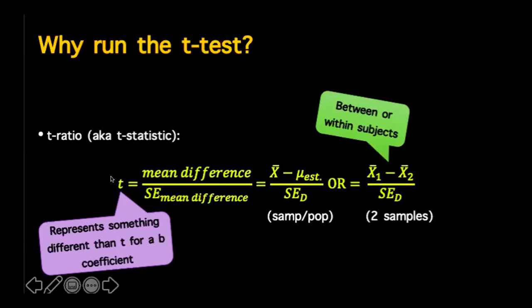So this week we're using t to look at mean differences, right? So I mentioned you're looking at a difference between a group, the mean of group A versus the mean of group B, right? So you're going to be given two means, whether that's from a sample and an estimated population mean, or if it's from two different samples, right? Either way, you have two sample means. You want to see what is the difference between those.